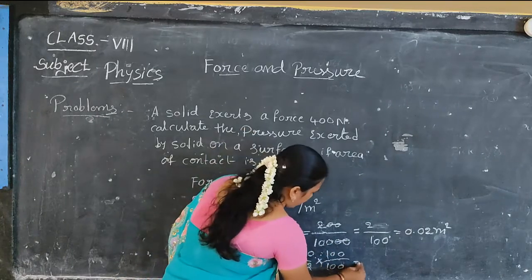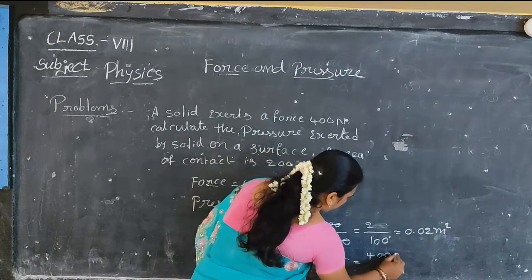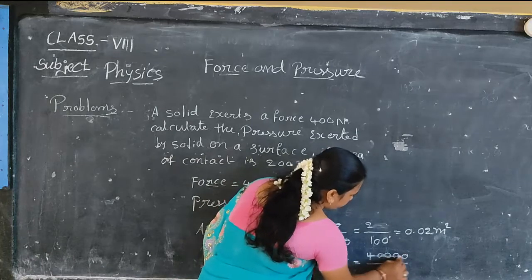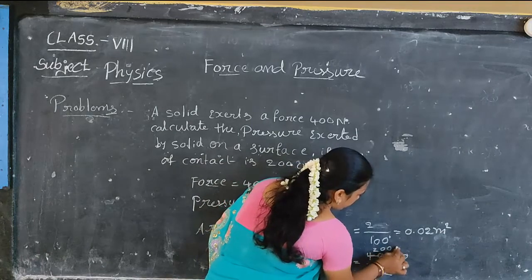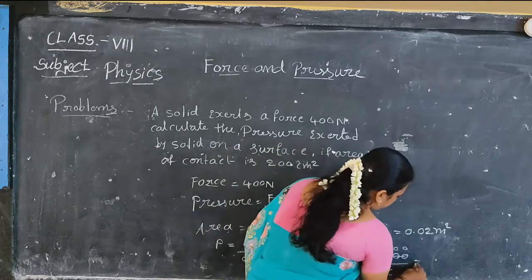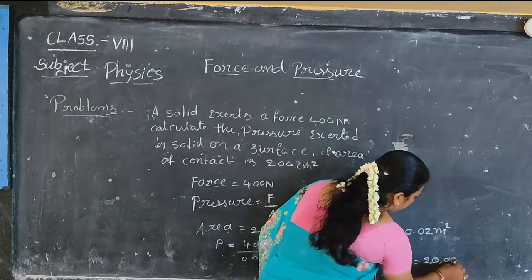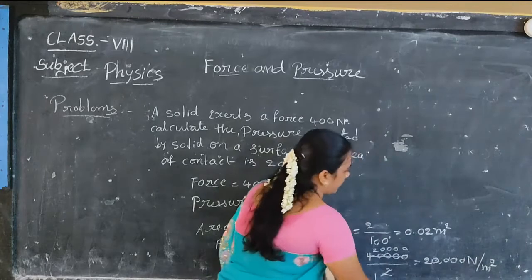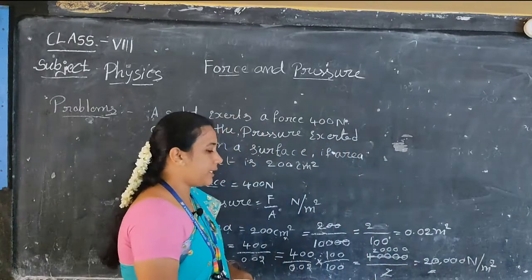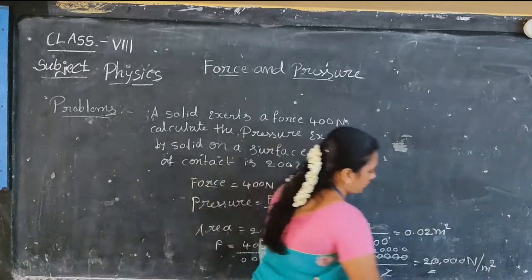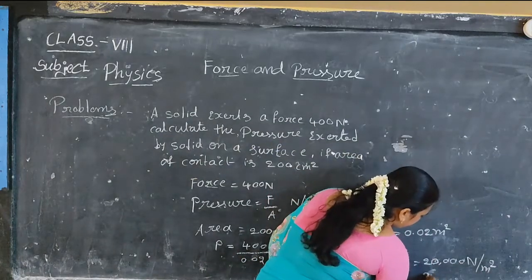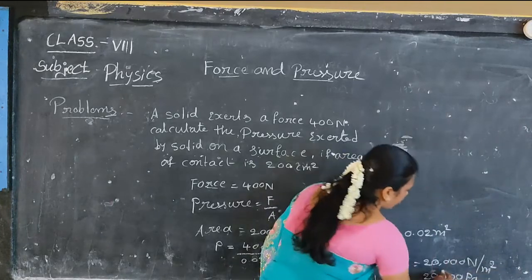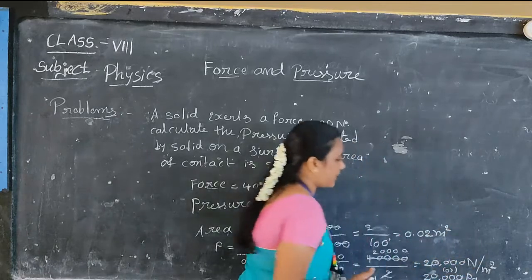Here the decimal point is removed, so 40,000 by 2. 2 ones are 2, 2 twos are 4, and then 0, 0, 0. So the answer is 20,000 Newton by meter square, or we can write it as 20,000 Pascal.